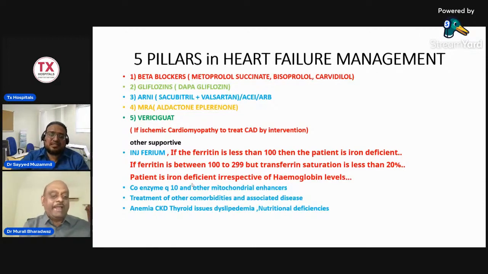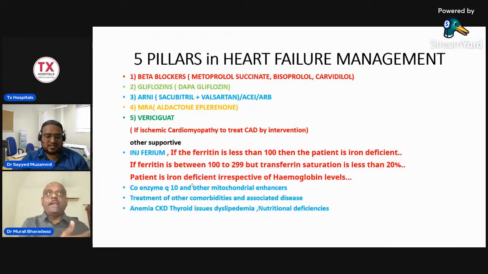So wonderful, doctor. And earlier, when you mentioned the case of thyrotoxicosis associated cardiomyopathy, here I want to quickly tell there are two kinds of thyrotoxicosis, primary and secondary. There are certain features with which we differentiate. Most of the time, what we see clinically is primary thyrotoxicosis in the younger population.